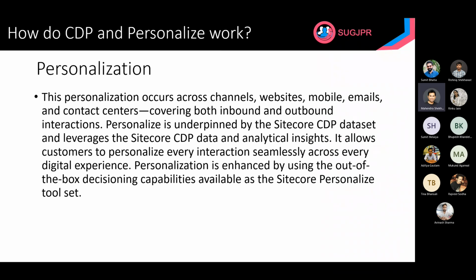Personalization occurs across channels: website, mobile, email, contact center, covering both inbound and outbound interaction. Personalization is underpinned by the Sitecore CDP dataset and leverages the CDP data to analyze insights. We already talked about personalization; it's basically covering all those things again in this slide.